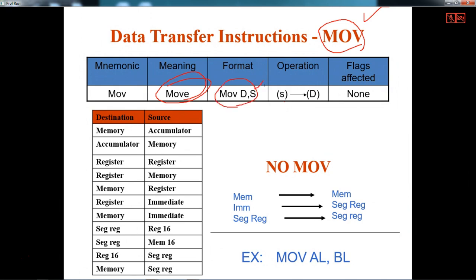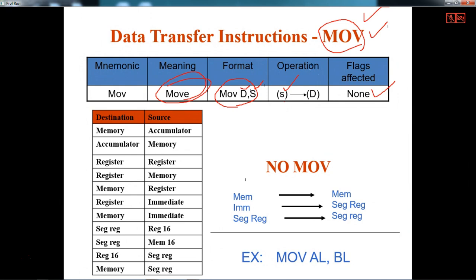From source to destination. So here the operation moves from source to destination. When the processor executes this particular instruction, no flags are going to be affected.